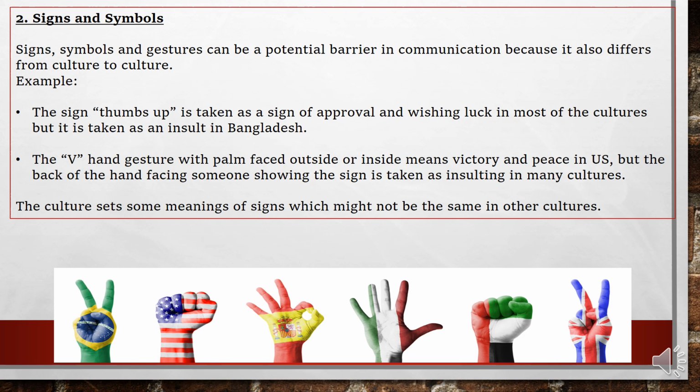So another example, if you are left-handed and you use it for eating in, let's say, the Middle East, India, Sri Lanka, and Africa, definitely they won't like it because they consider the left hand as unclean, because it is associated with cleaning yourself after using the bathroom. So the culture truly sets some meaning of signs which might not be the same in other cultures, and this is what we have to understand.